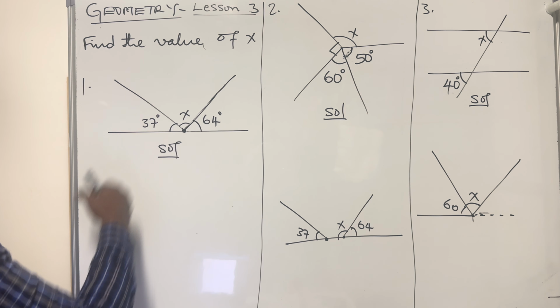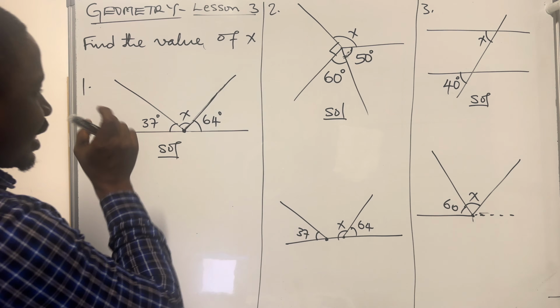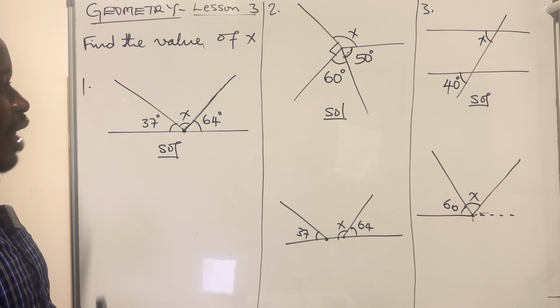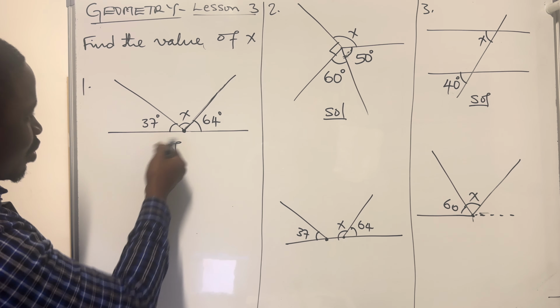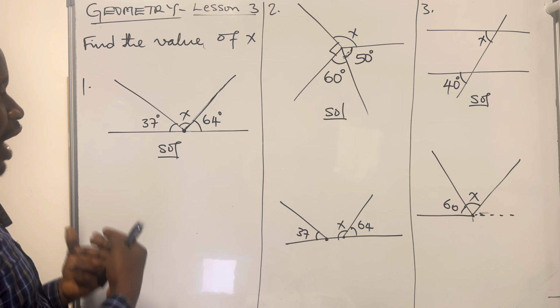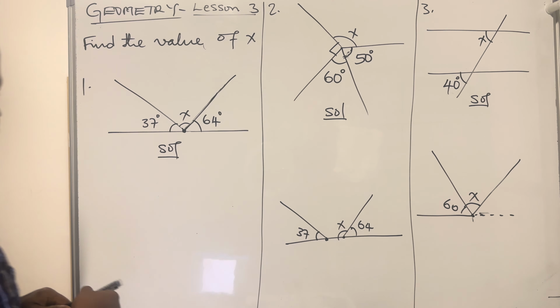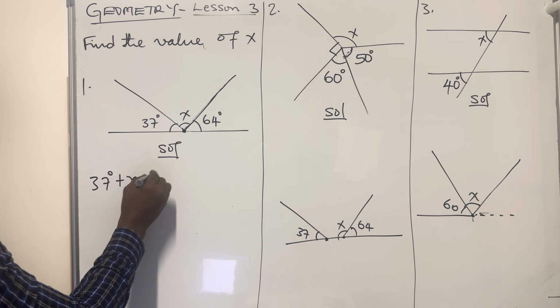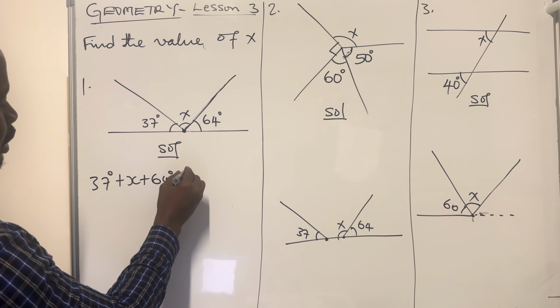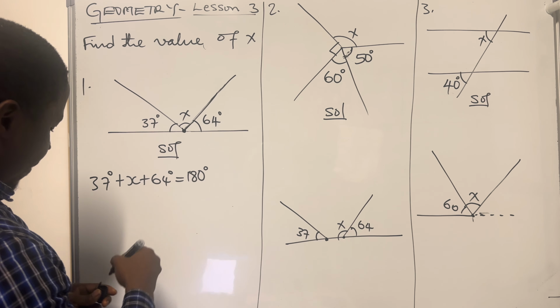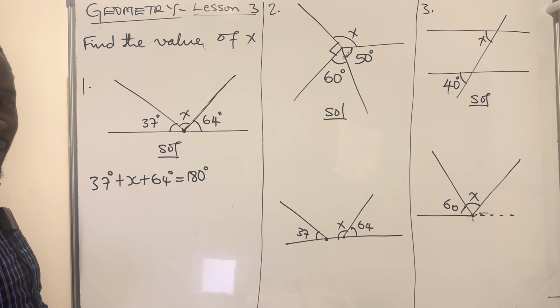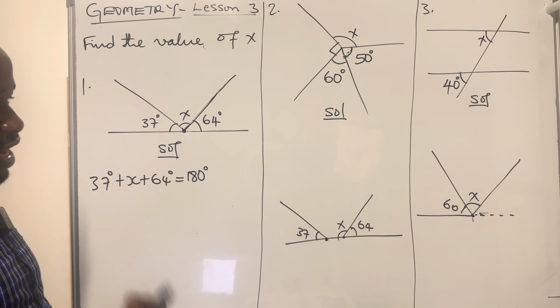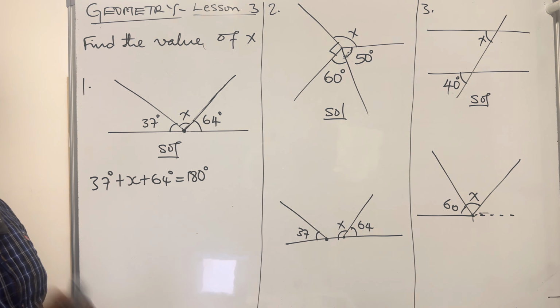But here, they sum up to 180 degrees because they are not only adjacent angles sharing a common vertex, they are also on a straight line. So we say 37 plus x plus 64 is equal to 180 degrees. Guess what? In geometry, they value the reason, they value the theorem.